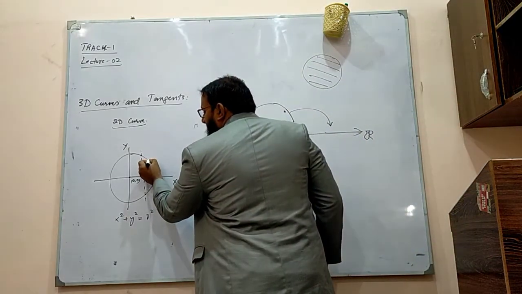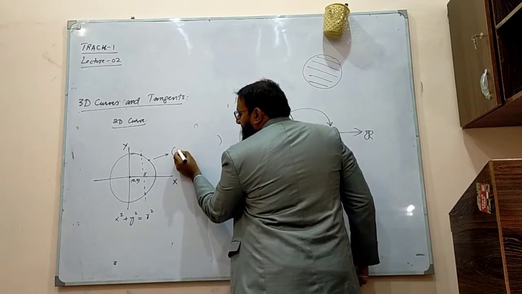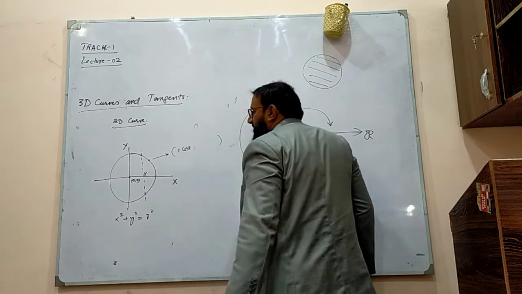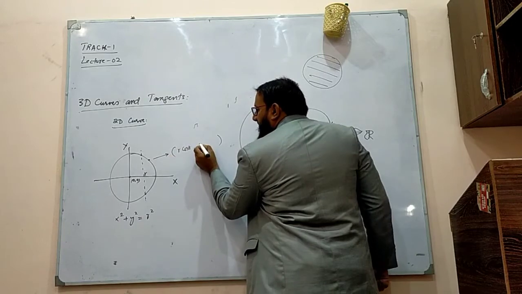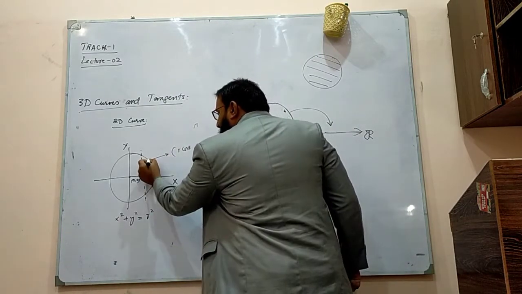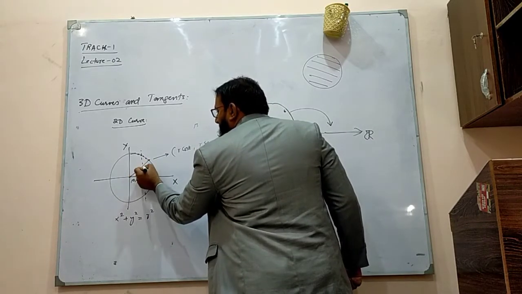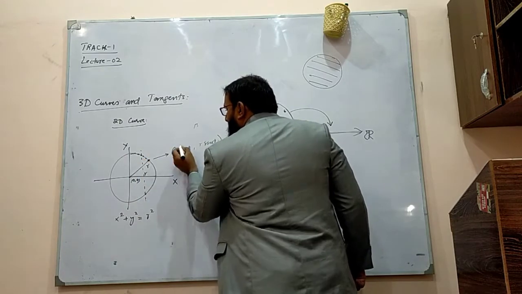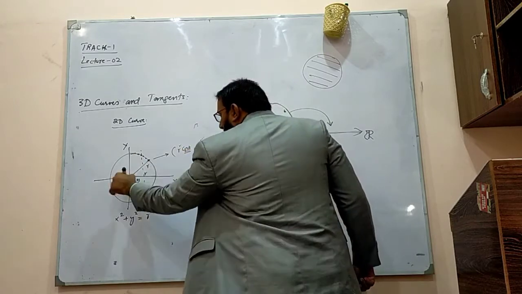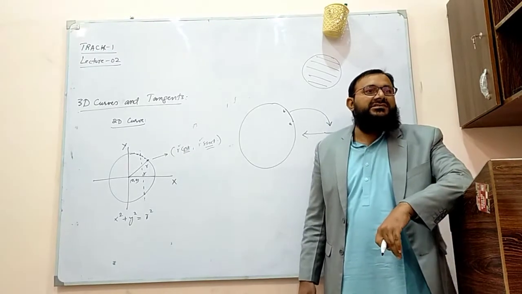And we know very well, each and every point on this particular circle can be represented by the x component, which is r cos t (or r cos theta), and the y component is r sin t. We know very well the distance from the origin to this particular point is r, so this r remains the same, and when we move along this circle we get all these values of cos t and sin t.